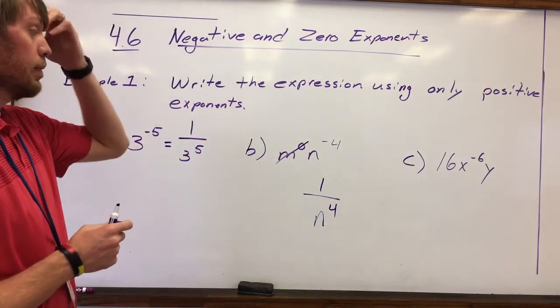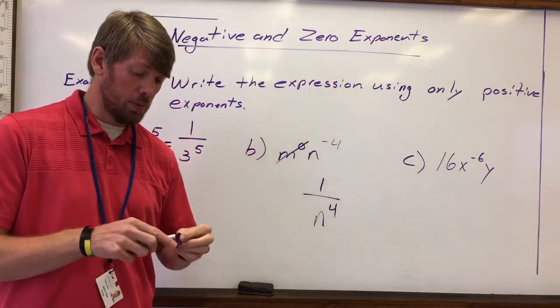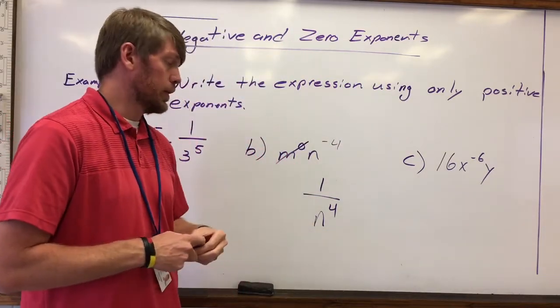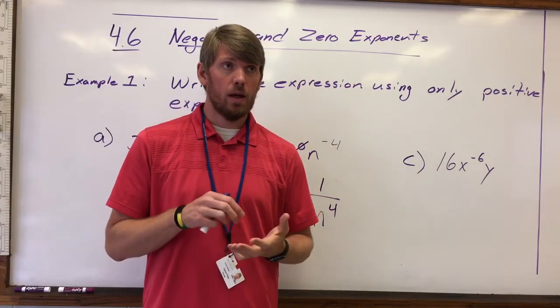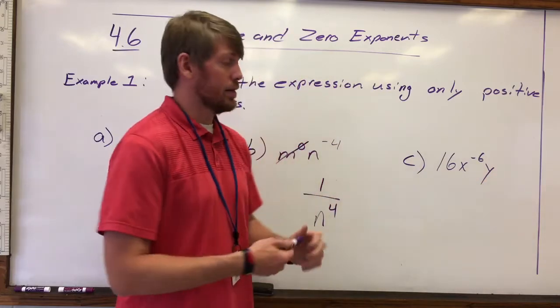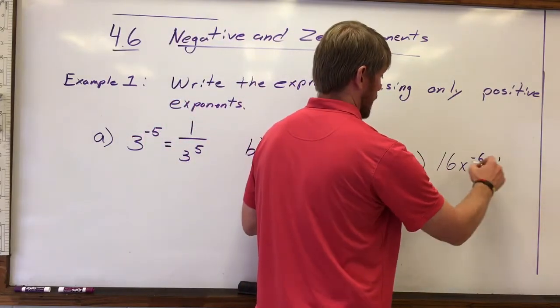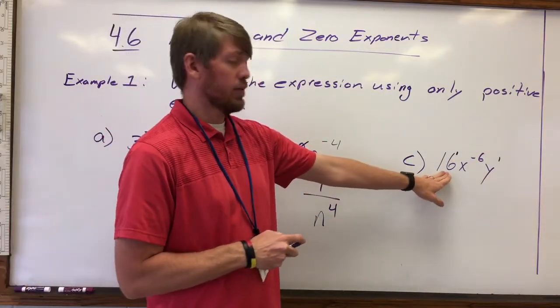Okay, for part C, this is the one that was kind of tripping people up in class, so consider this. Every number has an exponent. If you can't see it, like on 16 and on y, that means that it's actually the first power, right? So if you think about it, this already has a positive exponent.